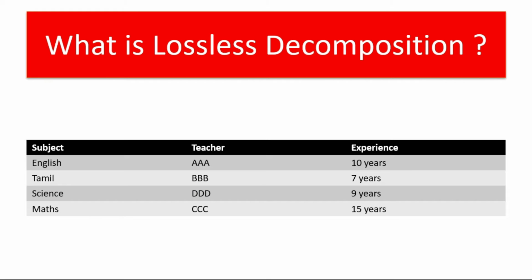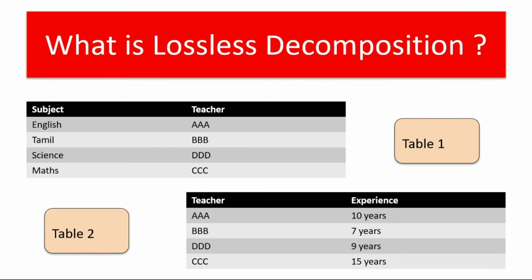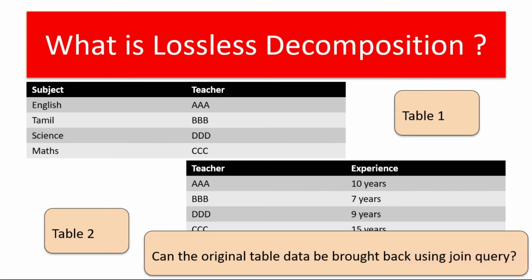We have three columns: subject, teacher, and experience. We split the table into two, with subject and teacher columns in the first table and teacher and experience columns in the second table. Now, when we combine these two tables using a join query, we get back the old data, that is this table. This is lossless decomposition.